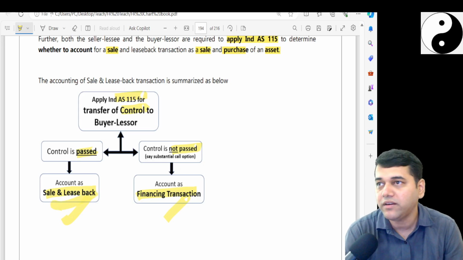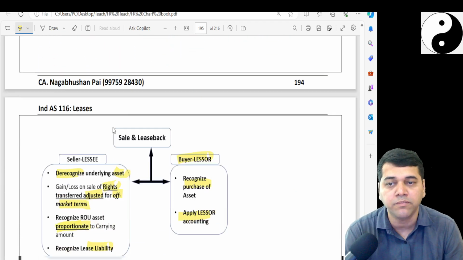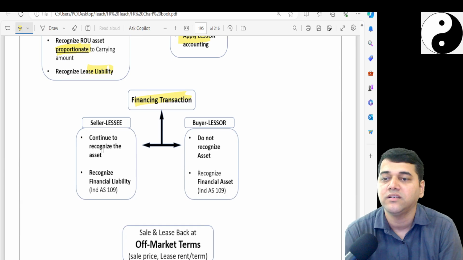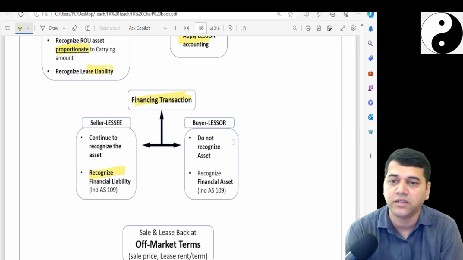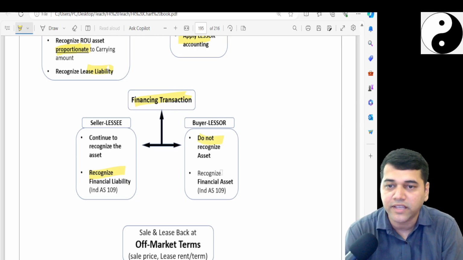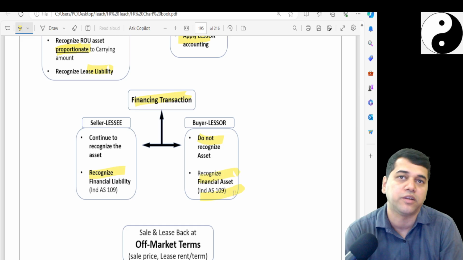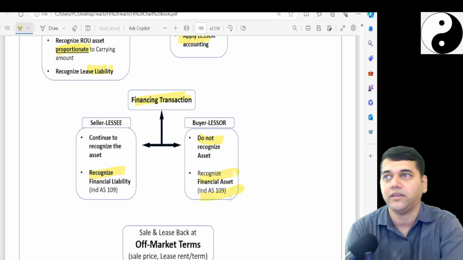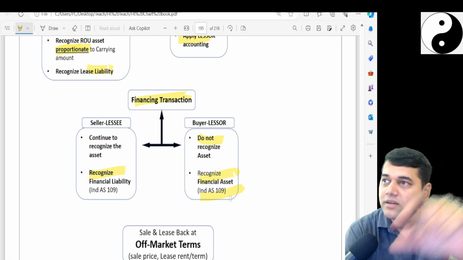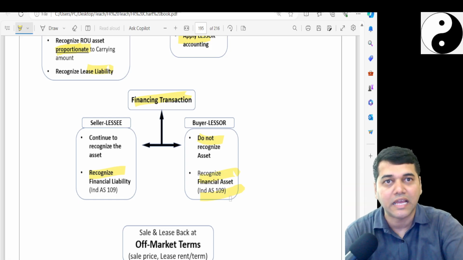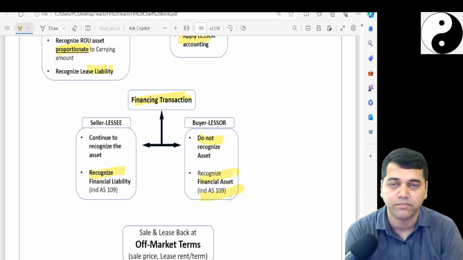Sale and leaseback we understood. If it is a financing transaction, you continue your asset and pass one accounting entry, bank account debit to financial liability, and the buyer doesn't recognize any asset, he passes an entry financial asset account debit to bank. Then see whether it is off market or at market. Remove that component. Level 1, Level 2 inputs, all those things are going to come.